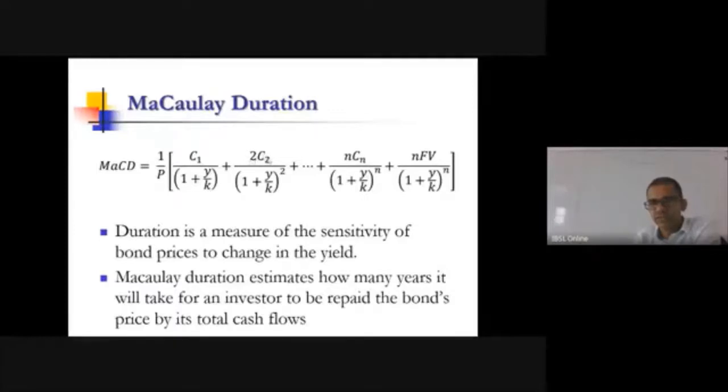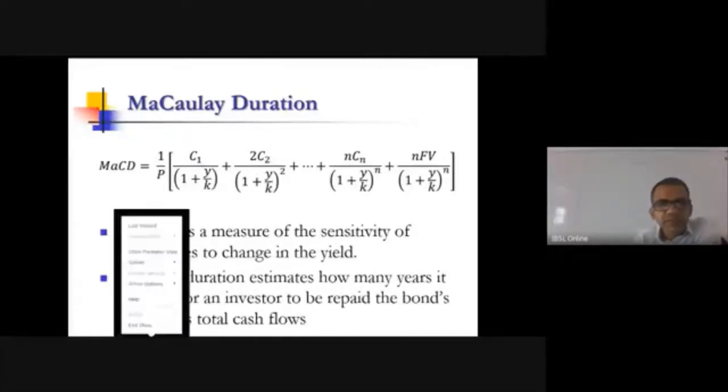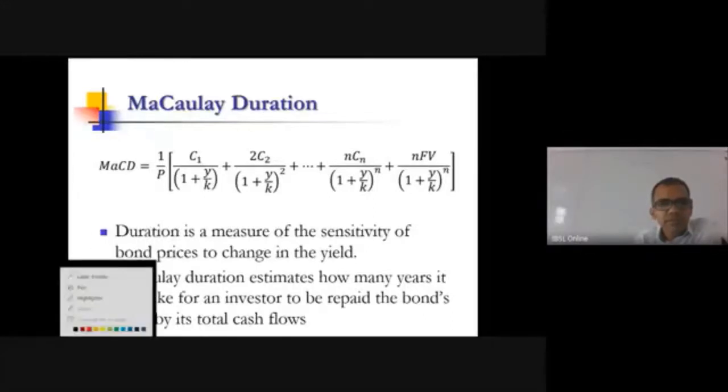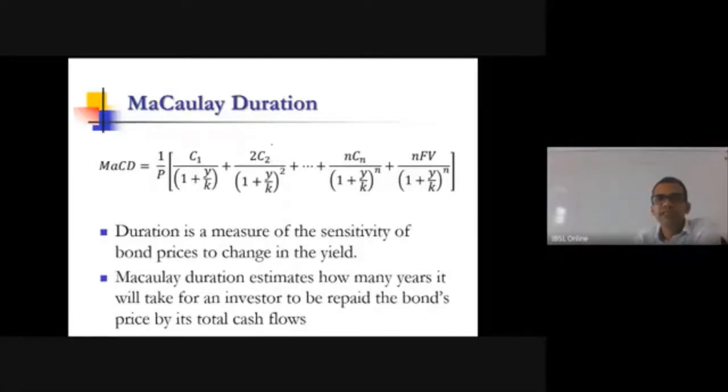Without this 2, C2 divided by this term is the present value of the second cash flow. If you just consider this part only, you would realize this is the present value of the second cash flow.